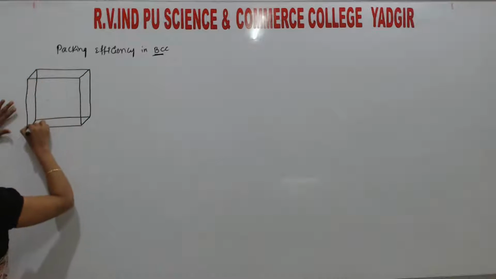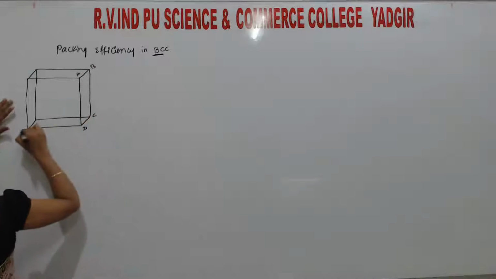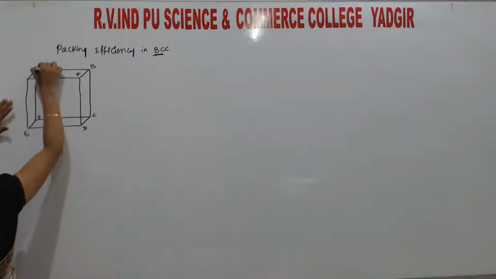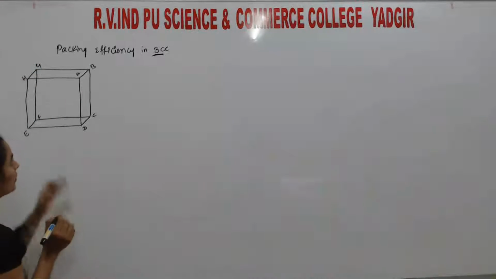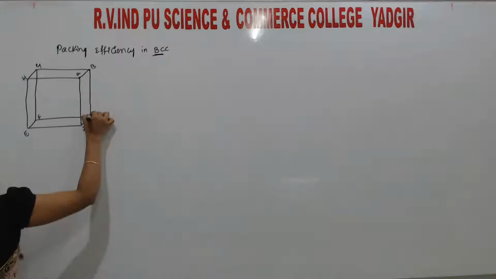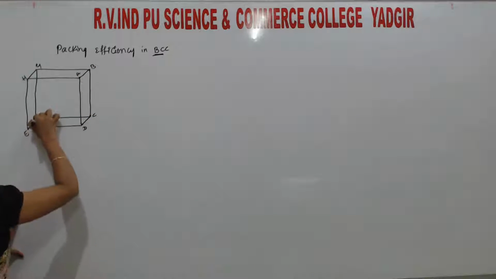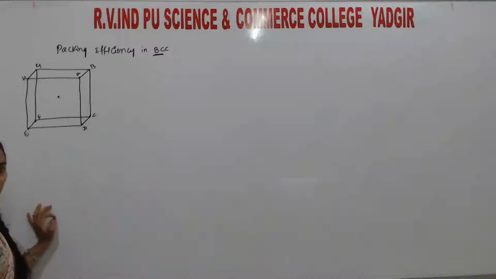Like this. This is A, B, C, D, E, F, G, H. In a body centered cubic cell, the constituent particles are at the corner positions along with the center of the unit cell.